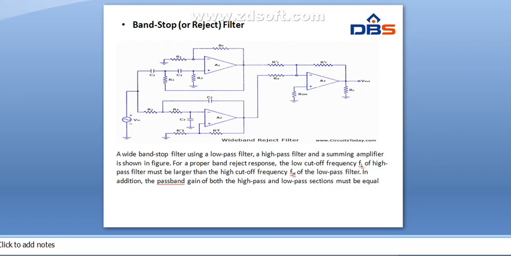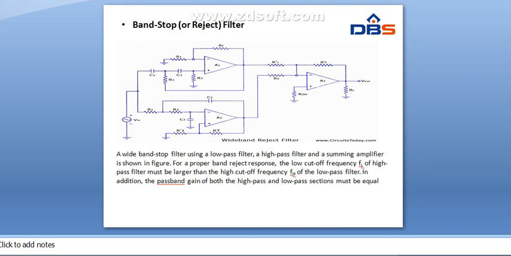For a proper band reject response, the low cutoff frequency FL of high pass filter must be larger than the high cutoff frequency FH of the low pass filter. And the passband gain of both the high pass and low pass sections must be equal.